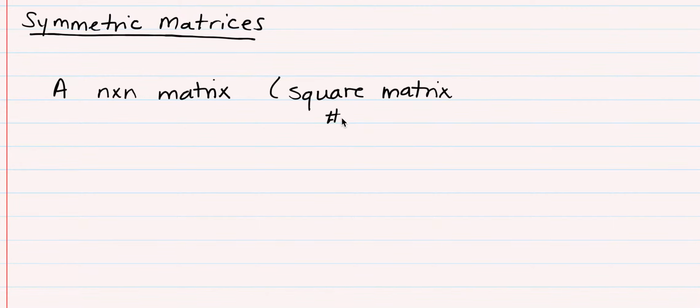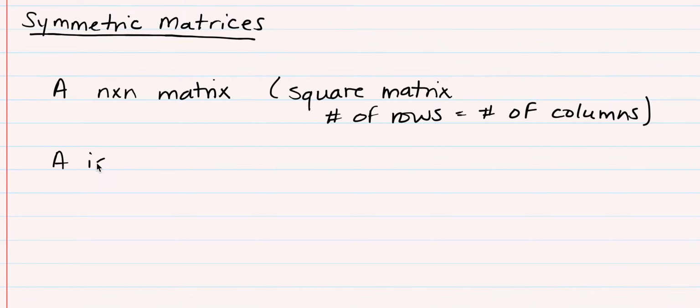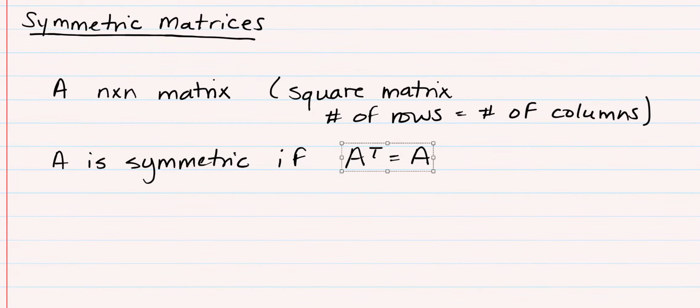So the number of rows is equal to the number of columns. A symmetric matrix, so A is symmetric if A transpose is equal to A. Let's circle this and put it in a different color.